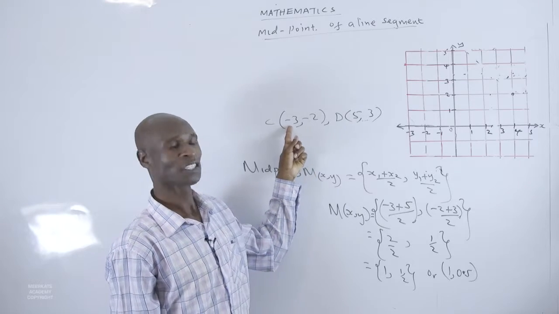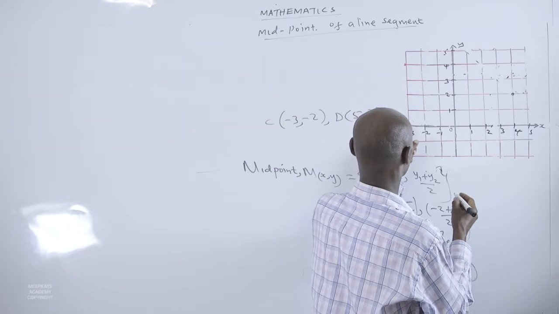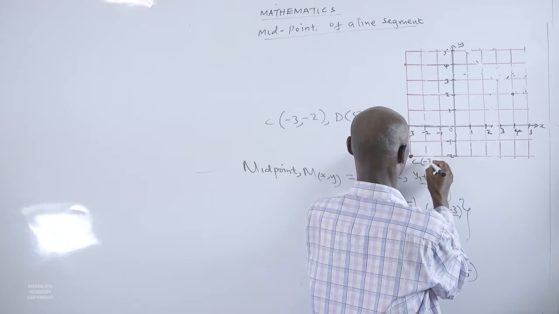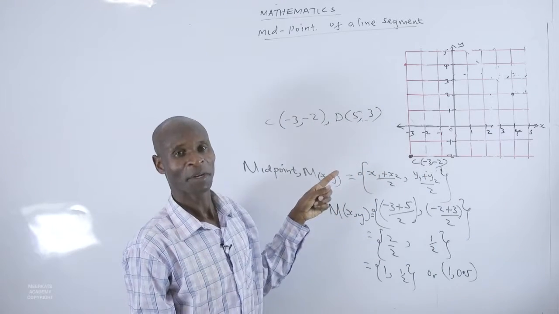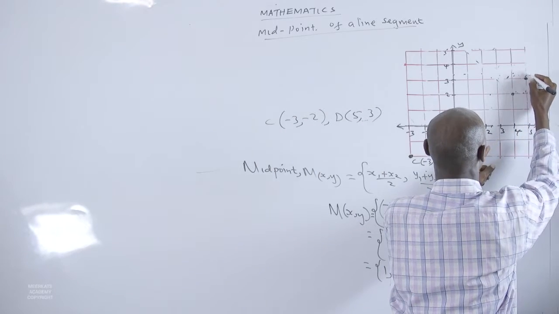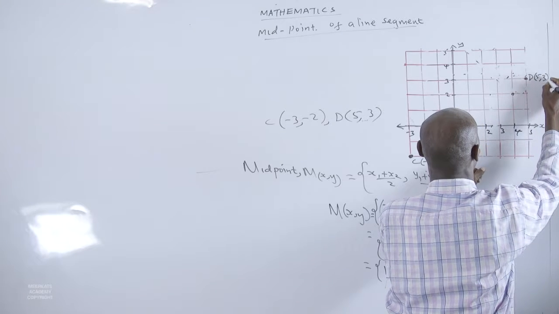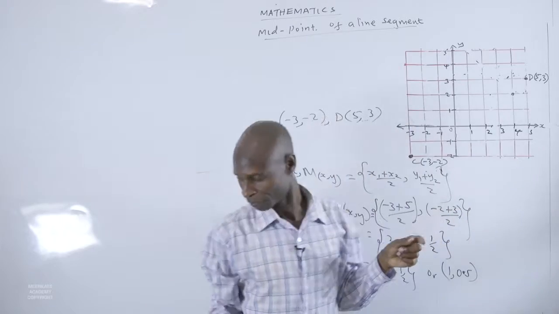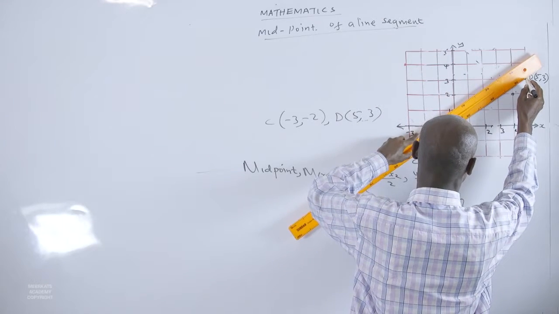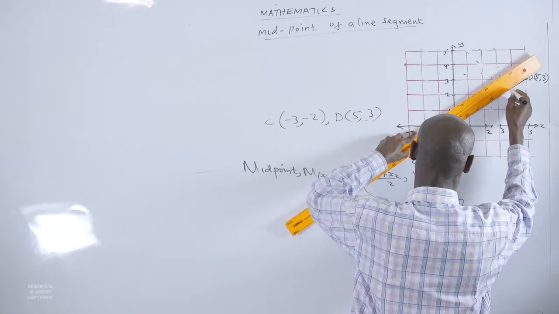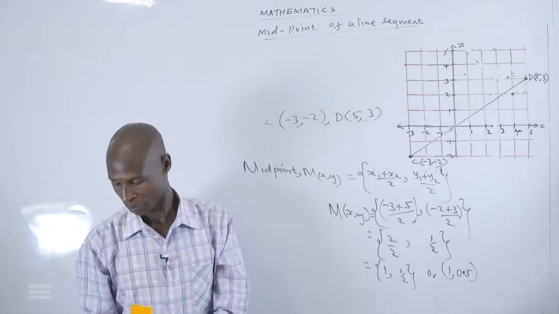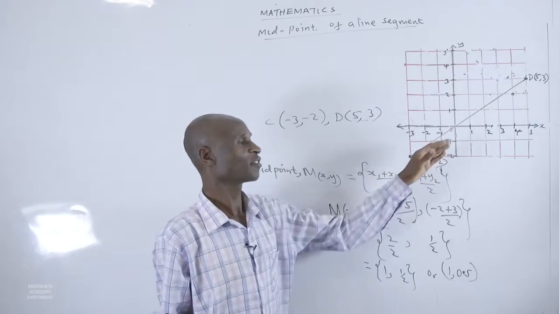Then point D is 5, 3. If we join the 2 points, we obtain a straight line.